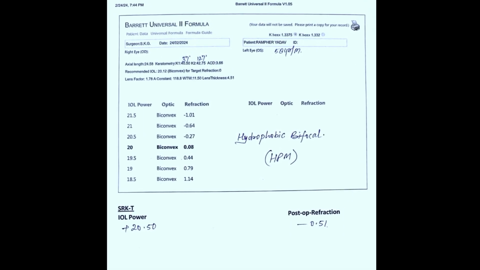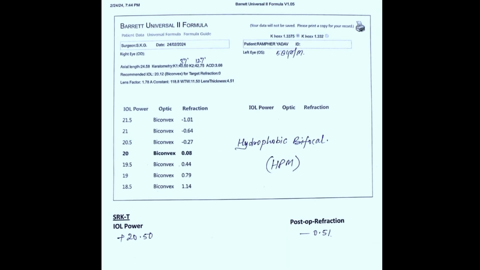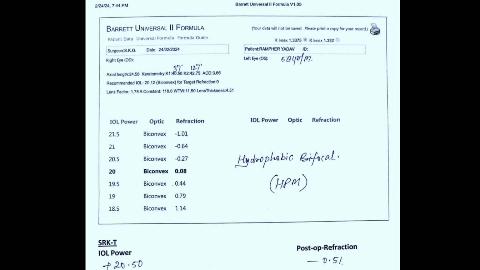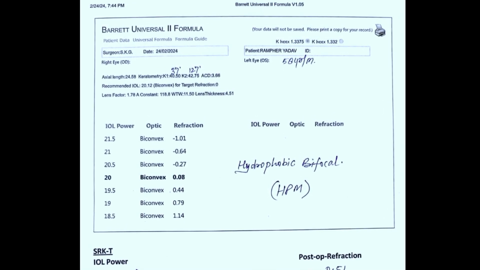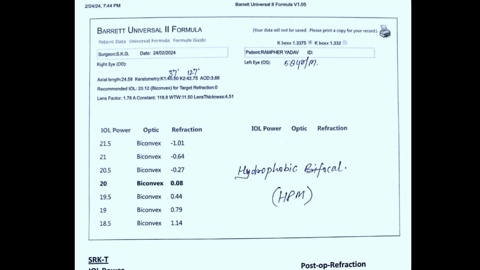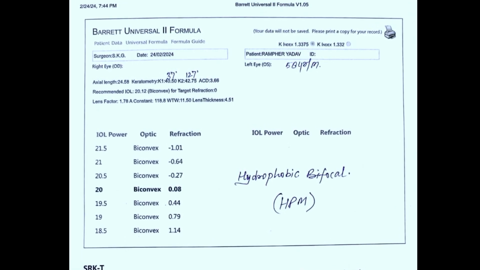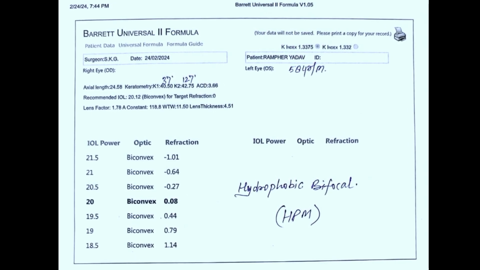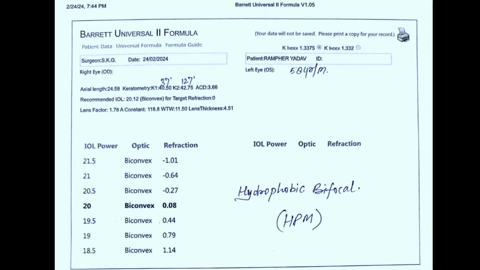One factor which comes into play in these patients is that because the central cornea gets flatter because of the peripheral bulging, the anterior chamber depth becomes relatively shallow, and this has to be incorporated in the IOL power calculation formula which this formula uses, and as a result we are more close to the actual situation and we have a more accurate IOL power calculation.